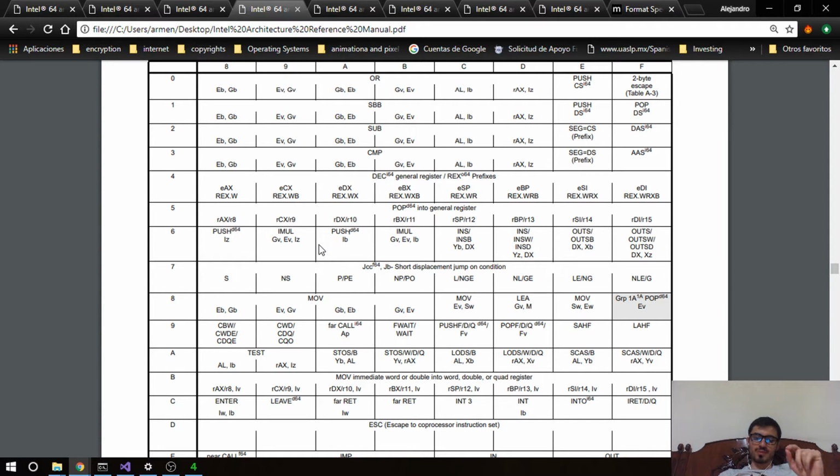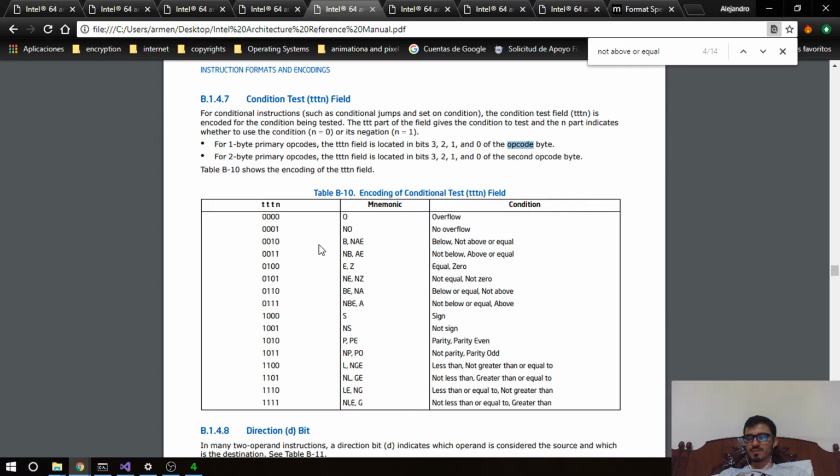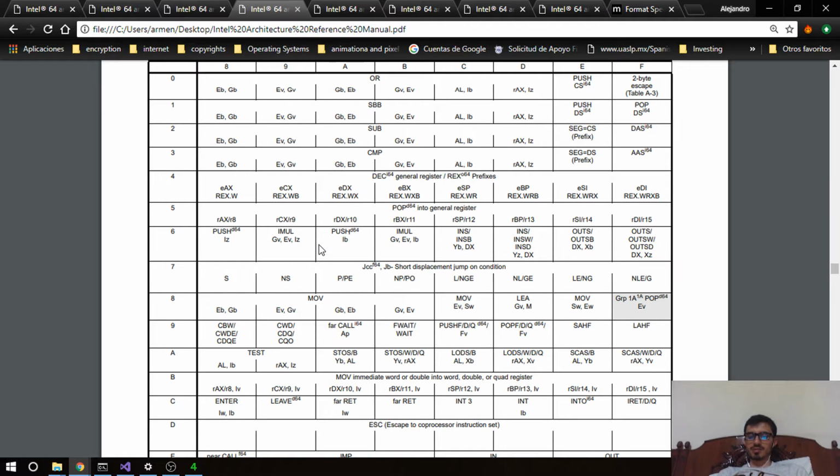It's just because in the table, I can say it's redundant, but it's not redundant. The same information we're looking at here is just another way to look at it. This opcode table basically tells us the encoding.